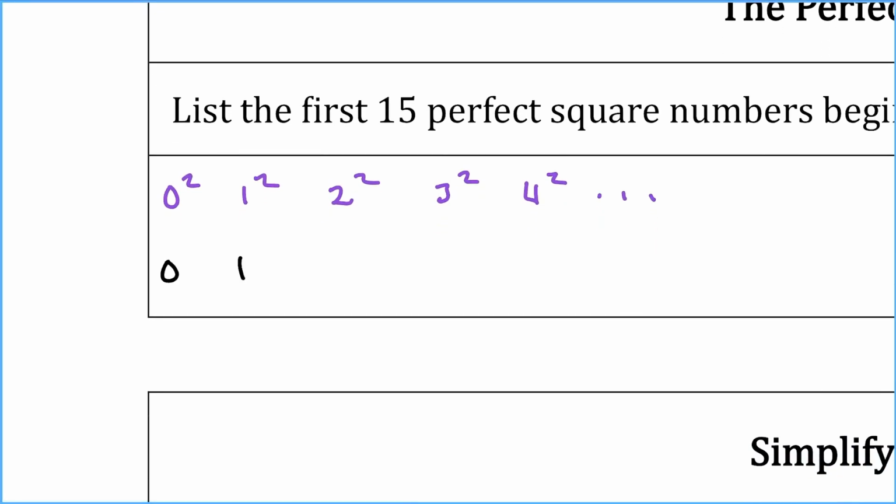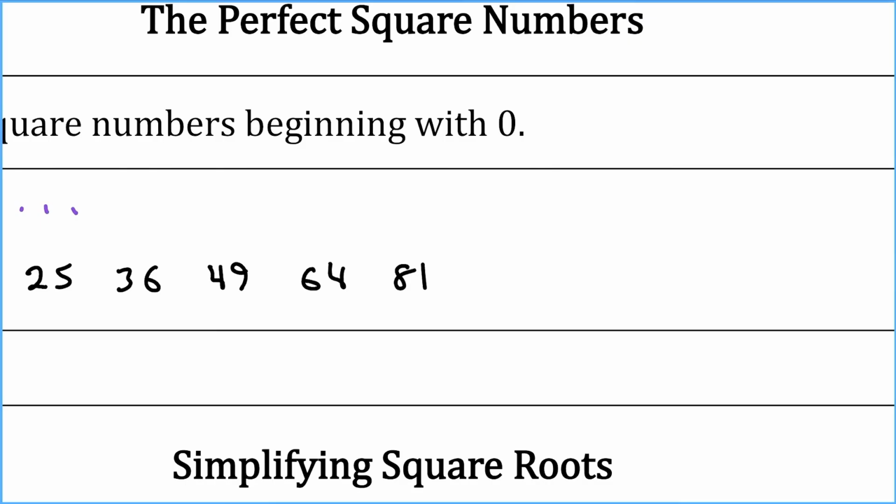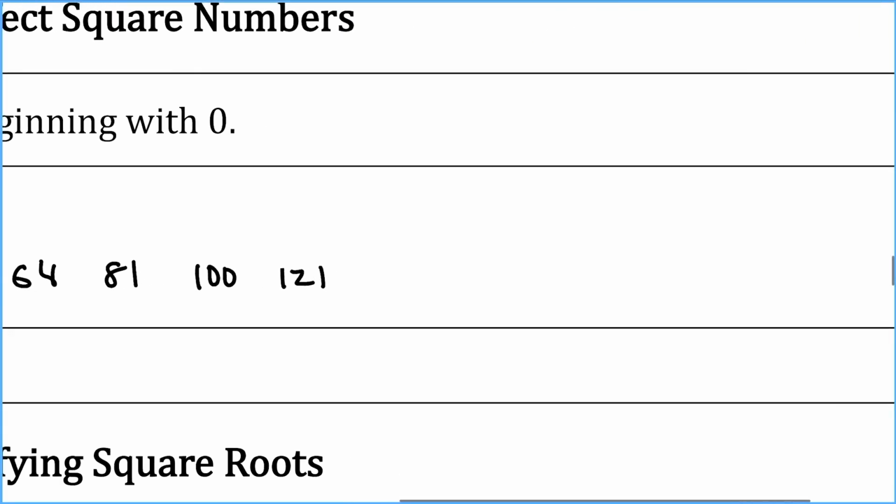That's going to be 0, 1, 4, 9, 16, 25. Okay, 6 squared is 36, 7 squared is 49, 8 squared is 64. 9 squared is 81, 10 squared is 100, 11 squared is 121, 12 squared is 144. A lot of people memorize up to 12.